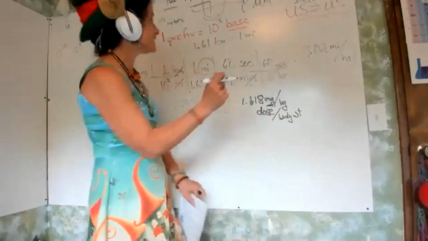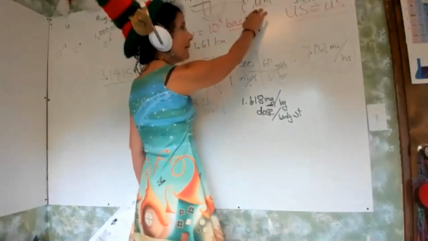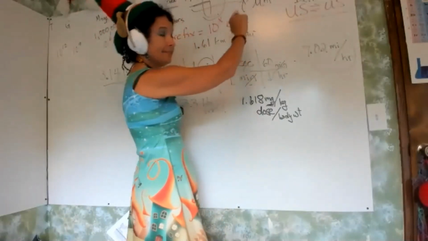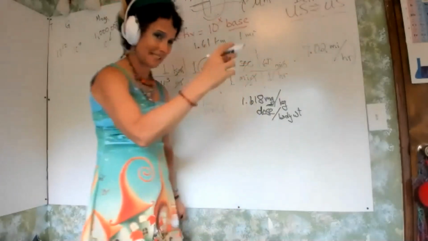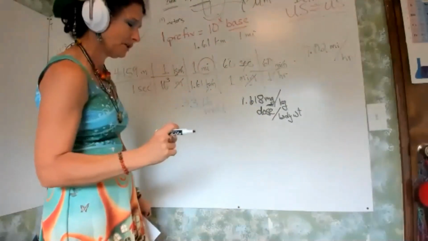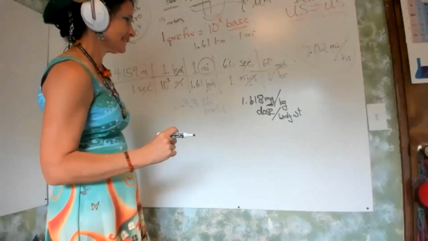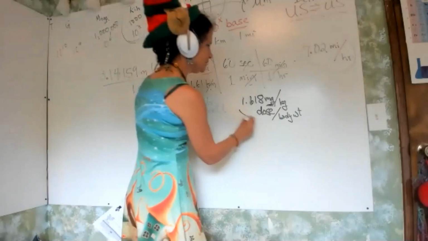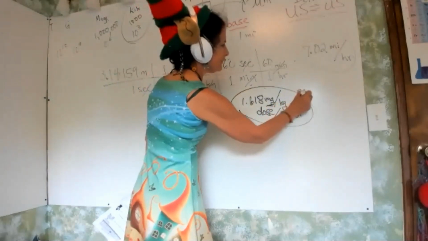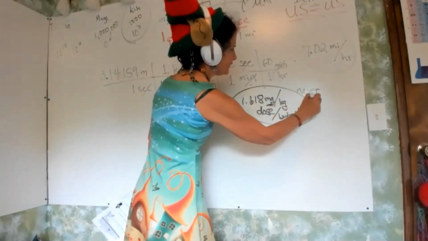But dose is always in small, like milli or micro. If it's like chemotherapy, it's also nanograms and picograms and even femtograms, because just a small amount will be very toxic.